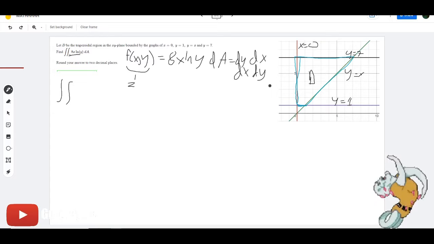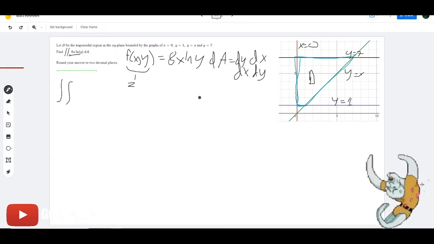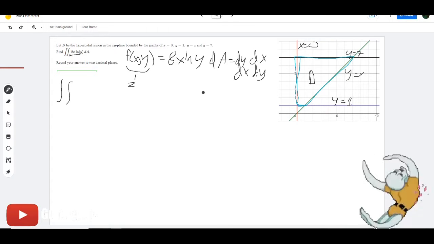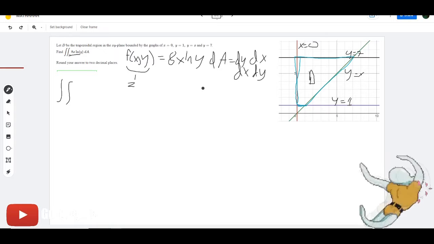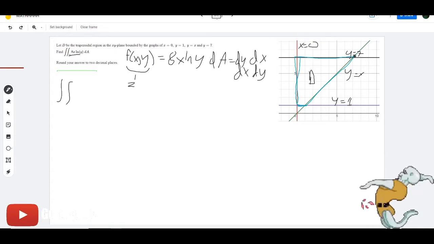But let's integrate with respect to x first, because I've already done this problem and I know it's pretty easy to do with respect to x even if you don't have a calculator. You do need a basic calculator for this problem, but if you don't have an integral calculator, integrating with respect to x first is, in my opinion, a little bit easier. So now we define the boundaries for x and y. x is bounded by x equals 0 and x equals 7. y is bounded by y equals 7 and y equals 1.